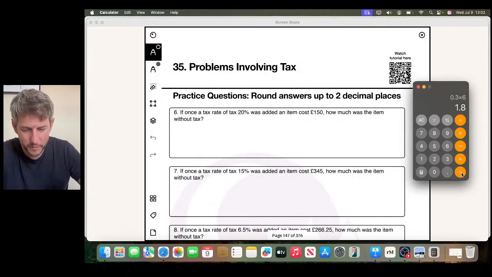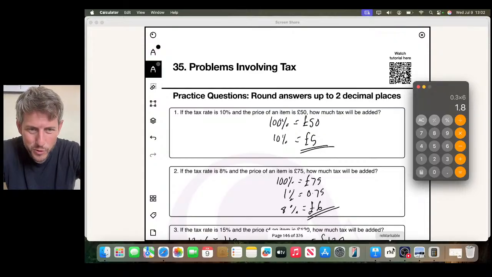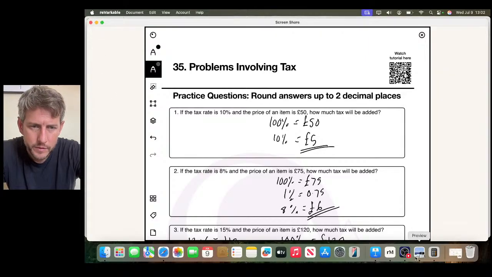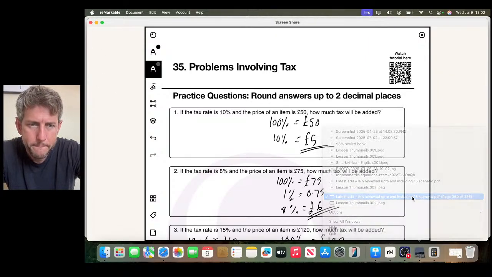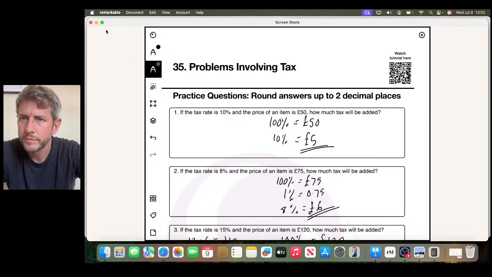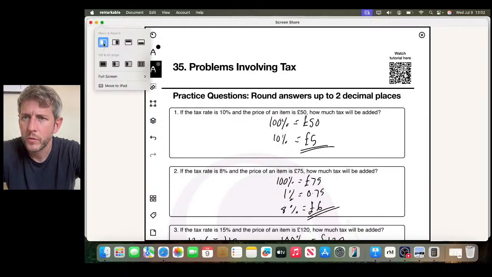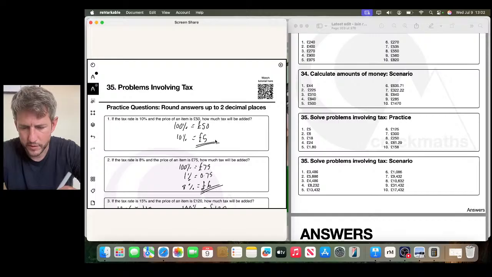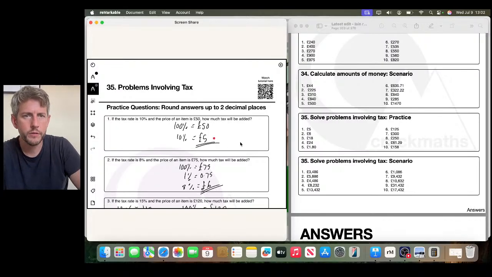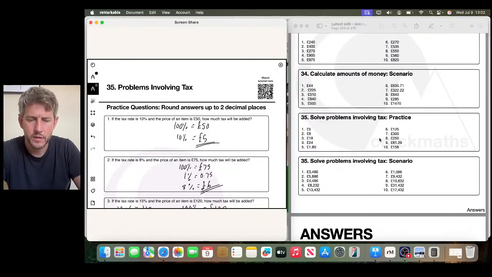Oh no, we need to mark those. That's why we're here, to check that the book is all good. Okay, so let me. In fact, let me just. There we go. Right, so let's see, where are we? 35.